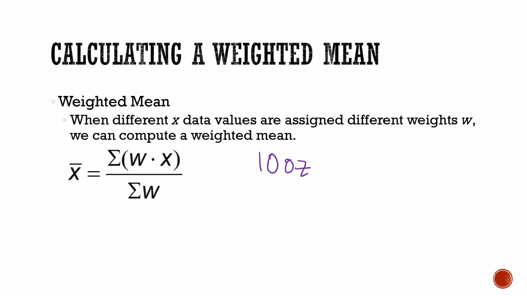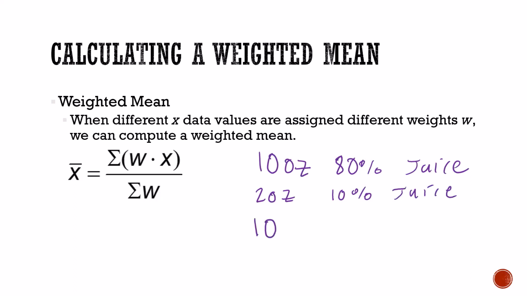let's say I have 10 ounces of something that's 80% juice, and 2 ounces of 10% juice. I'm just making this up. You can then use these as weights, right? So the number of ounces are kind of the weight.